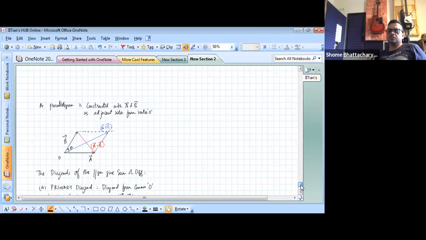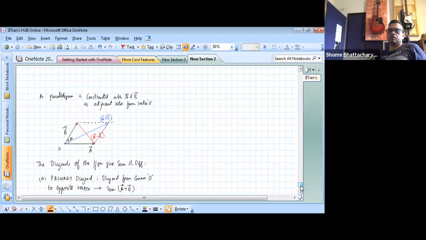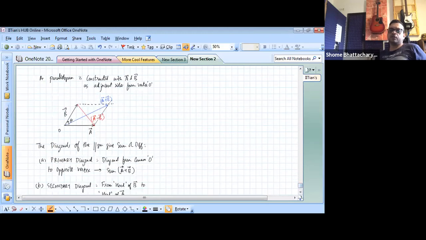So this is how we construct the parallelogram.